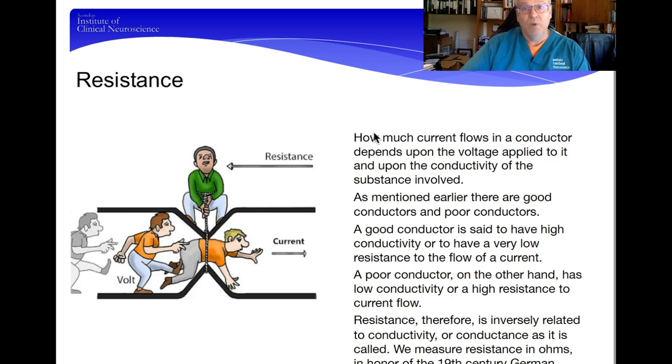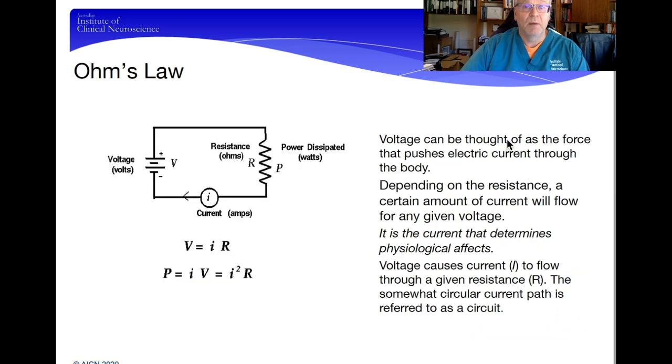And we'll look at how all of these things can be related through a basic law or mathematical formula referred to as Ohm's law. The voltage, or the potential difference, can be thought of as the force that pushes electric current through the body.